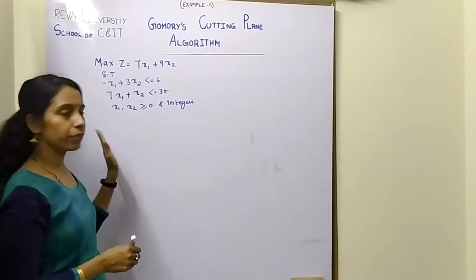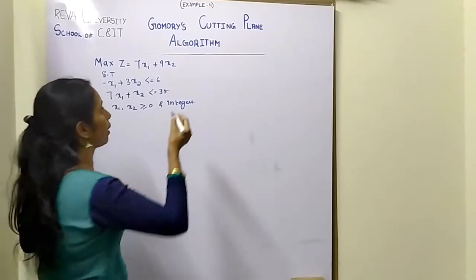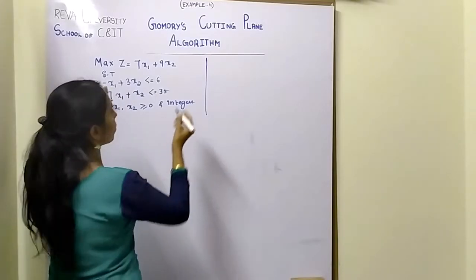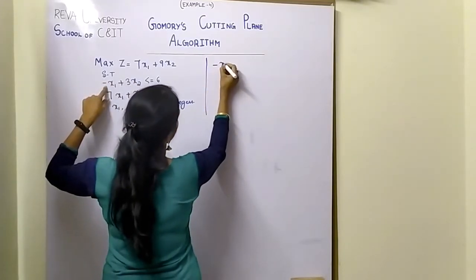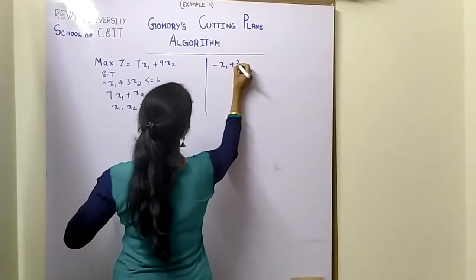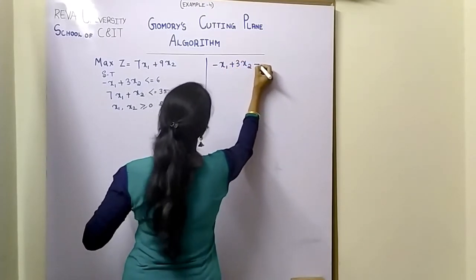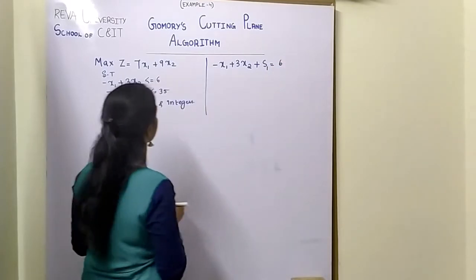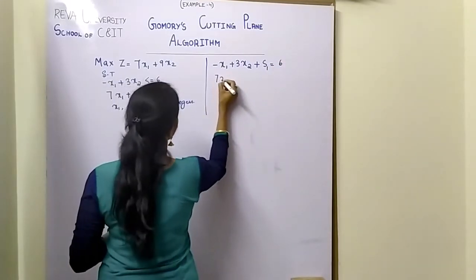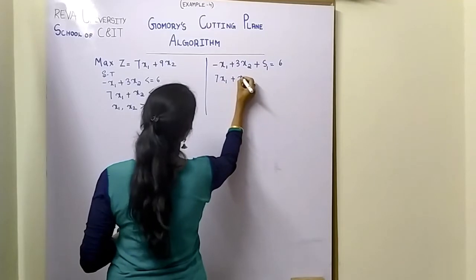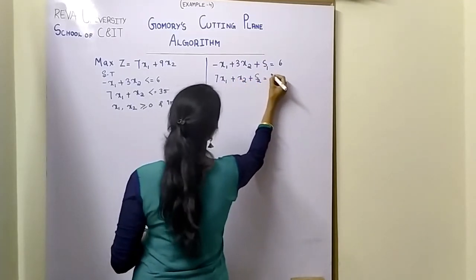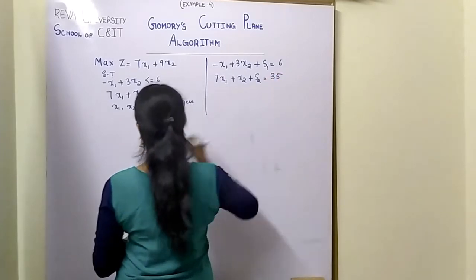So now what we have to do? First thing is we have to convert this into the canonical form or the standard form. So this becomes minus x1 plus 3x2 plus slack variable s1 is equal to 6. Then 7x1 plus x2 plus slack variable s2 is equal to 35.